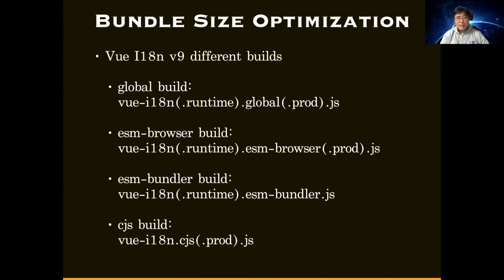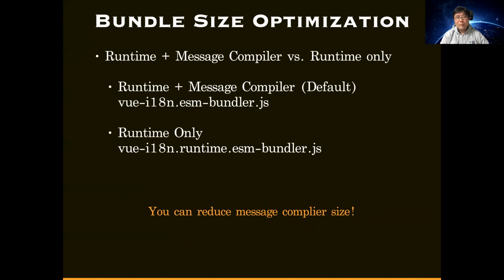In addition, for specific builds, Vue I18n version 9 also provides a build for the production environment and a Vue I18n runtime only build. Among them, the ESM bundler build provides two builds, Vue I18n runtime plus message compiler, or runtime only. For bundlers, the default is runtime plus message compiler.